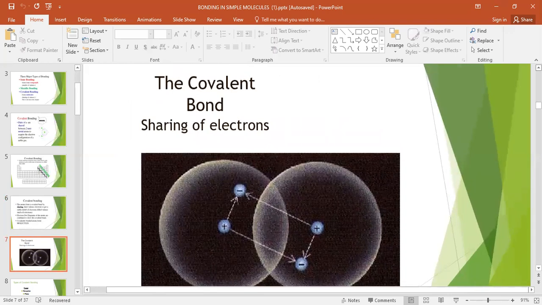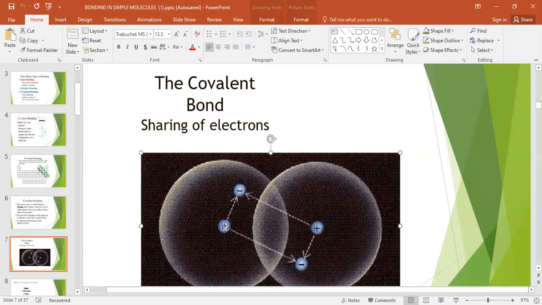As I told you in the first slide, when I explain this one, the proton of the first nucleus is attracted by the electron of another nucleus. You can see there, this positive is attracted by negative. This circle is one atom, and this circle is another atom.